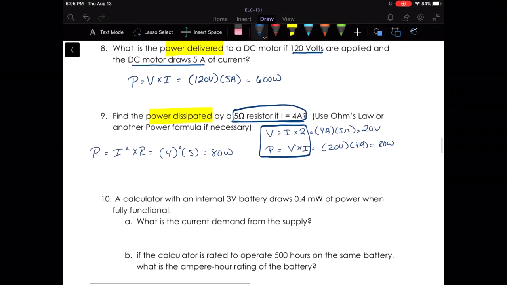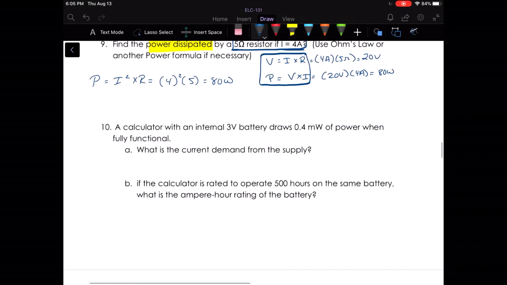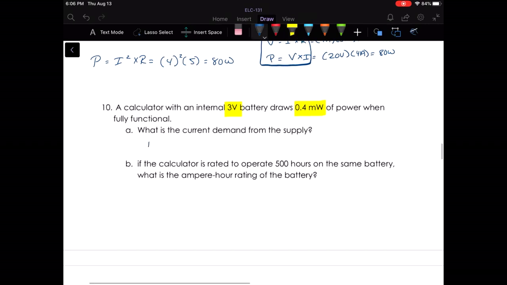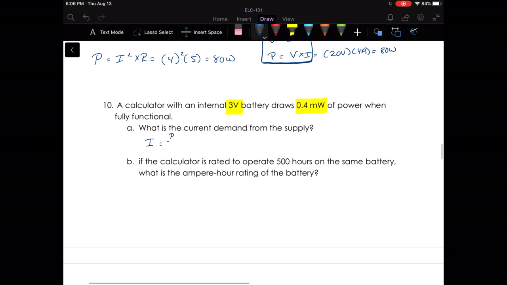Okay, let's look at another problem. We have a calculator with an internal battery, and we know that it draws 0.4 milliwatts of power. What is the current demand from the supply? Okay, well, when we're looking for current or voltage, we're going to have to divide the power by the other one.